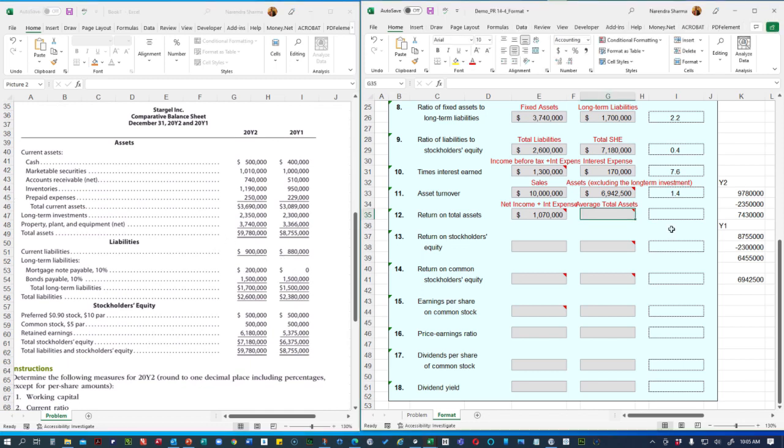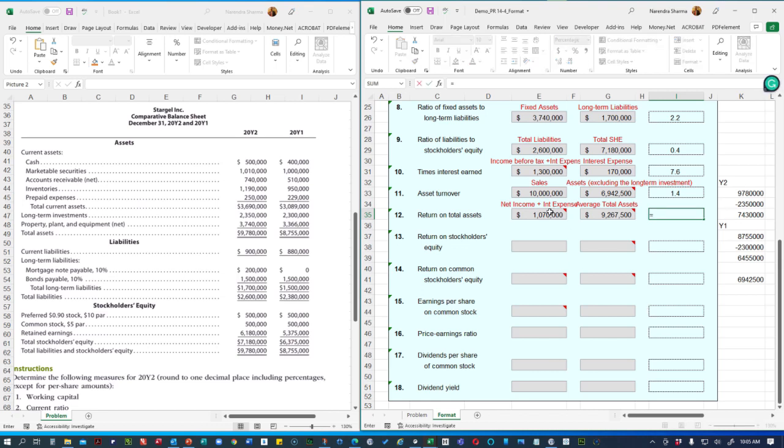So that would be equal to, put a parenthesis, 9,780,000 plus 8,755,000 and whole divide by 2 will be 9,267,000. So that is how we will get those numbers.